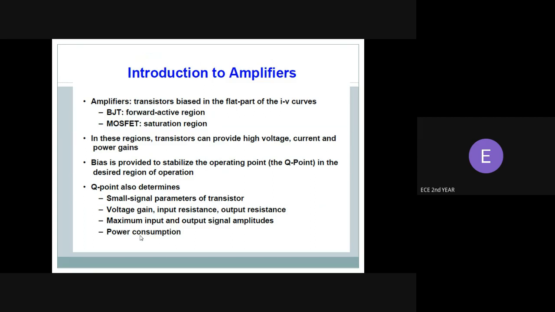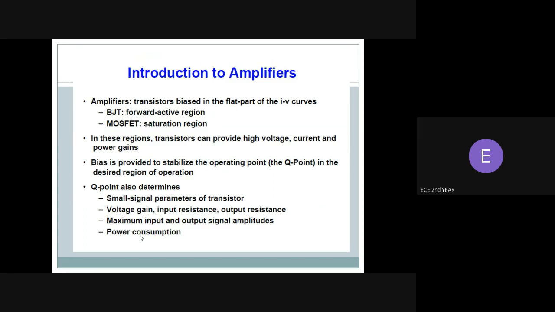And then junction, it has more than one junction. So that's why the term junction is used in the title. And transistor, what do you mean by transistor?